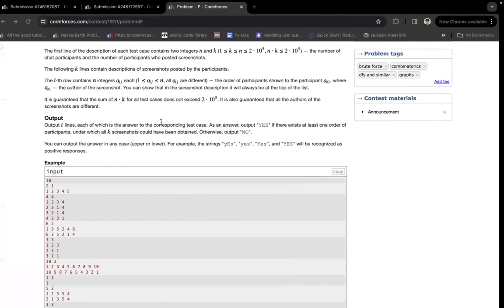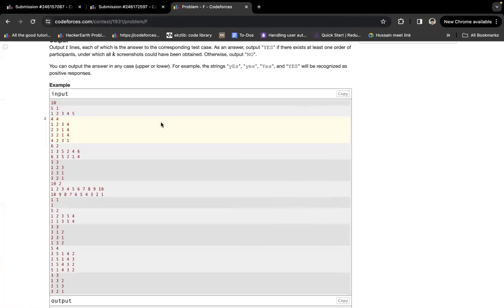Now, let's think about the problem. What does the problem say? The problem says that there were n people, and for every person, they took a screenshot. For every person who took a screenshot, that person is in the front.